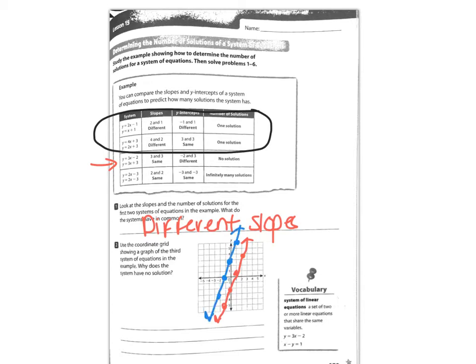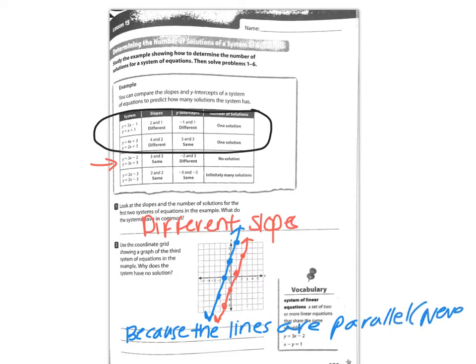As you can see, this system has no solutions, and I can tell that it has no solutions because the two lines are parallel, which means that they never cross. And as we know, when two lines cross, that is their solution. So if they never cross, they're never going to have a solution.